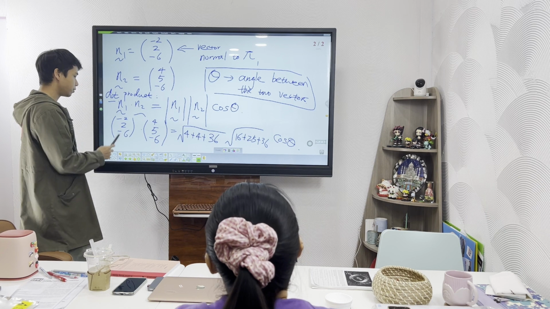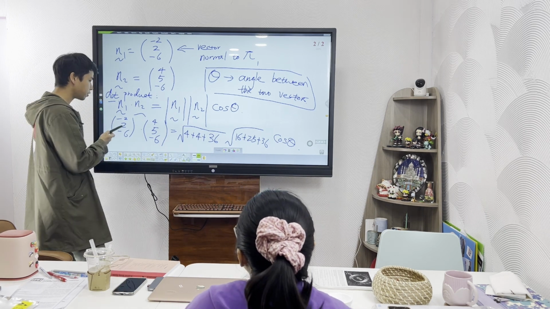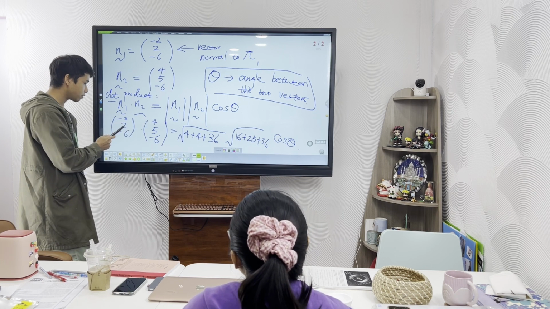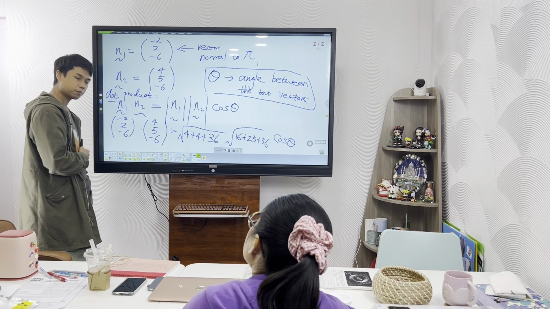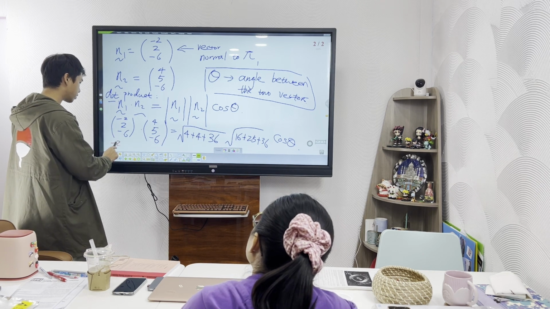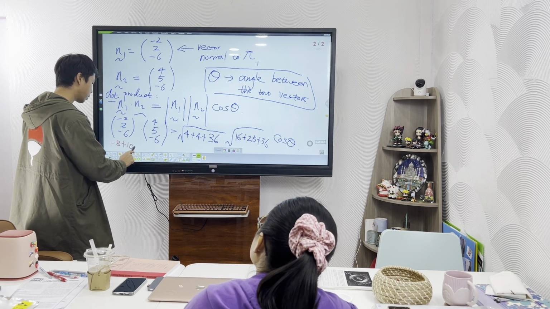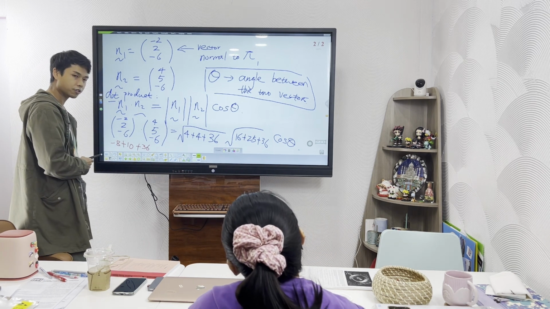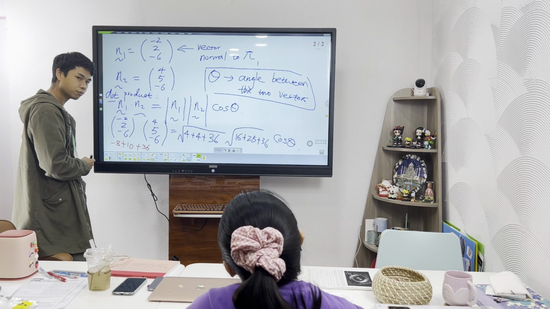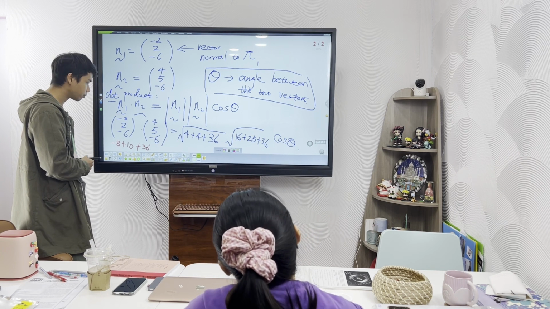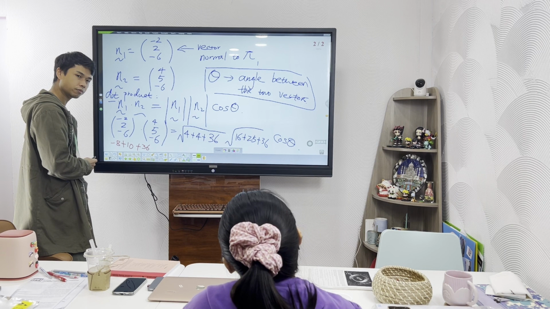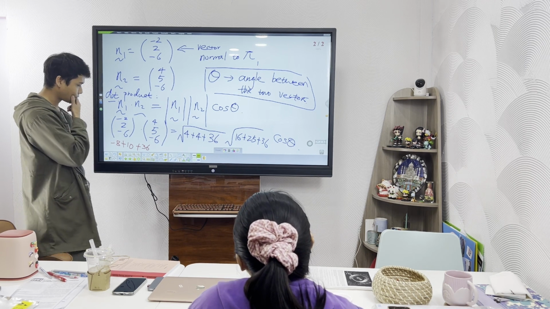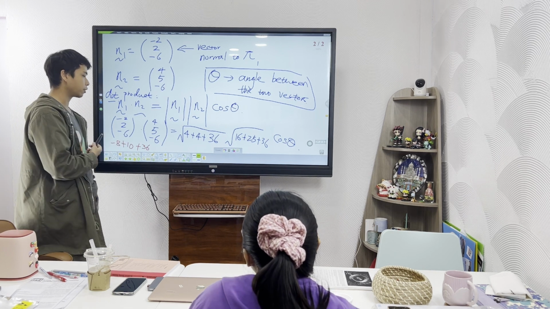Alright, give me an answer for the dot product. This one multiplied by this, plus this one multiplied by this, plus this one multiplied by this. So you have -8, plus 10, plus 36, which is 46, minus 8, which is 38.